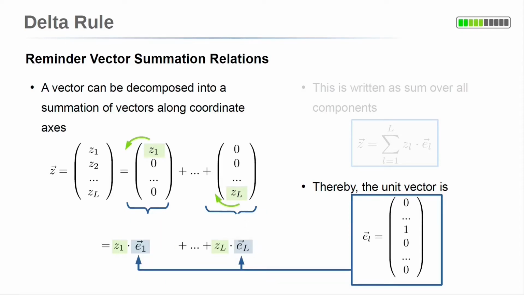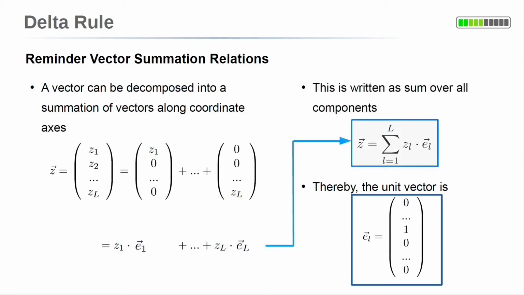So the vector z is written as the sum z1 times unit vector e1 plus z2 times unit vector e2 plus and so on. In short form, this is vector z equals the sum over all components l of zl times the unit vector el. So we can replace a vector by the sum over its components times the corresponding unit vector.